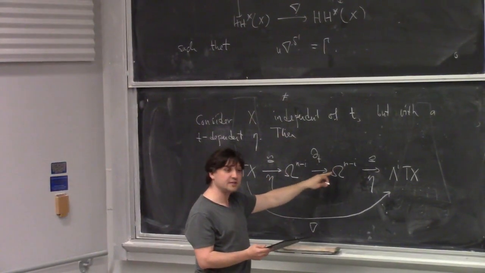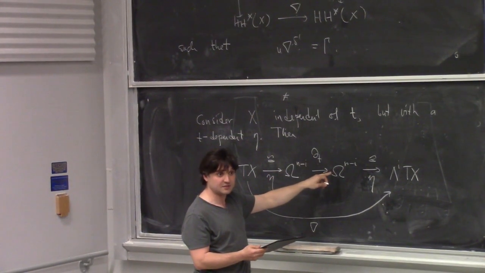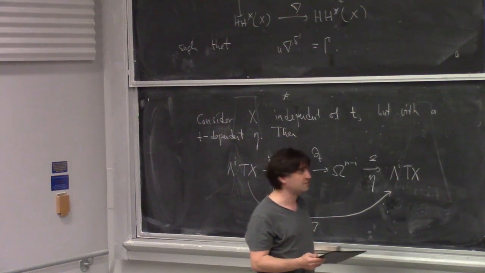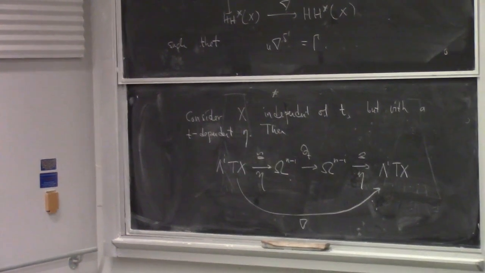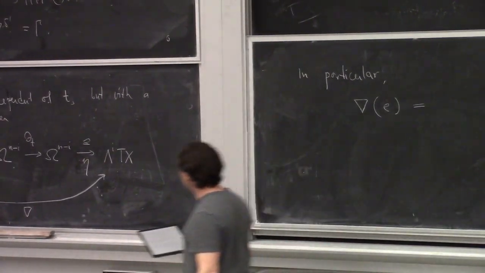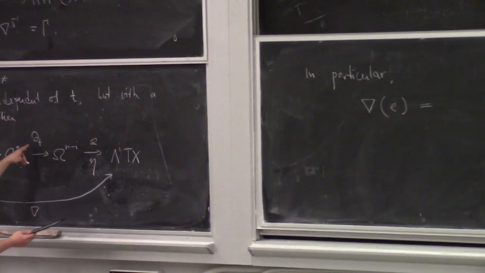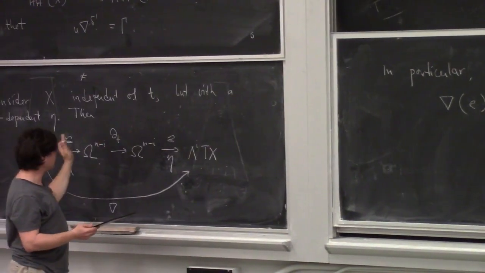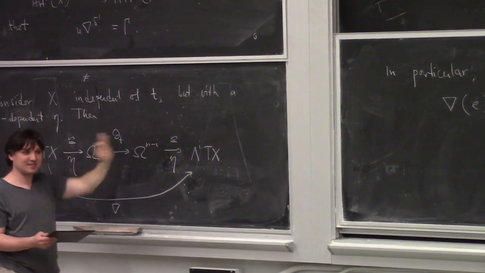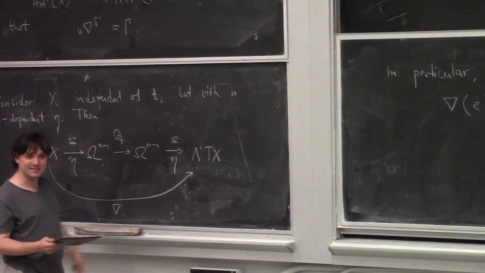Then you differentiate eta by dt, which has a t dependence. And then this will be a volume form, and then you go back to thinking of it as a function. Is there a plus 1 in the second differential forms? No. This is d by dt, right? So I have a family, x is essentially something fixed cross a t line, and you differentiate d by dt in t direction.